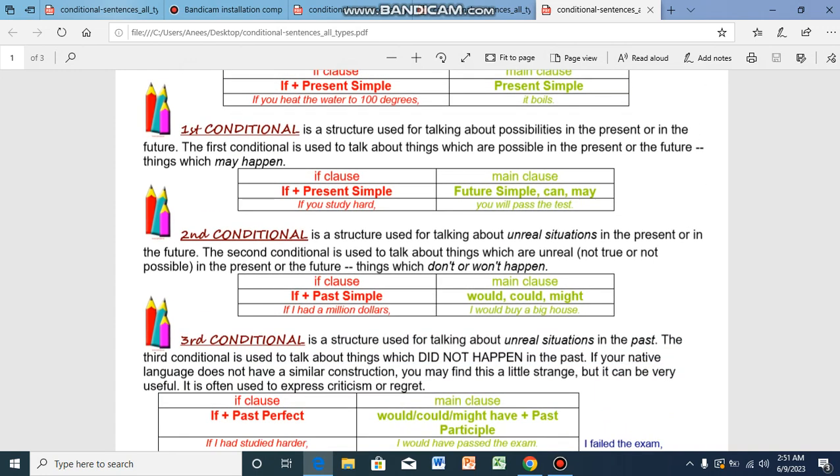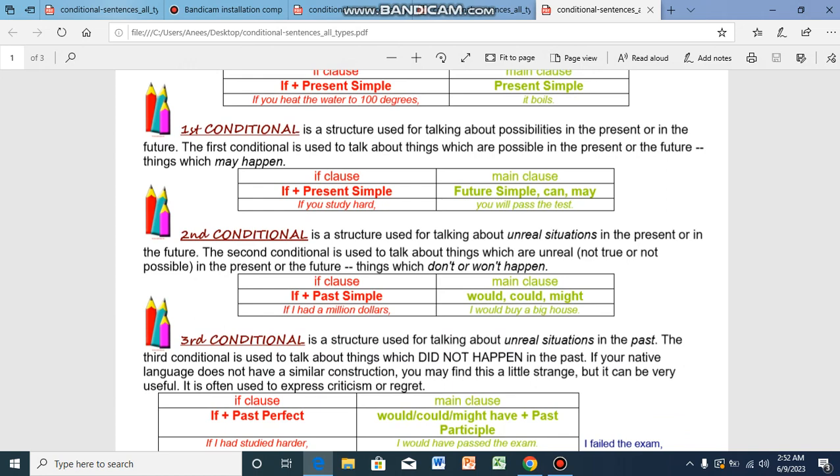The first conditional is a structure used for talking about possibility in the present or in the future. So the first conditional is used to talk about things which are possible in the present or the future, things which may happen. For example, if you study hard, you will pass the test.